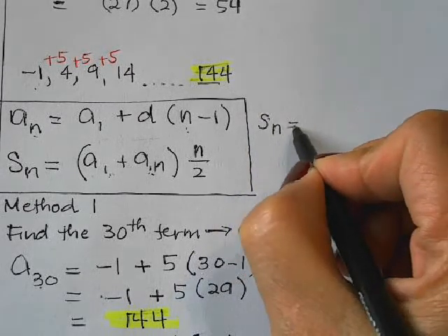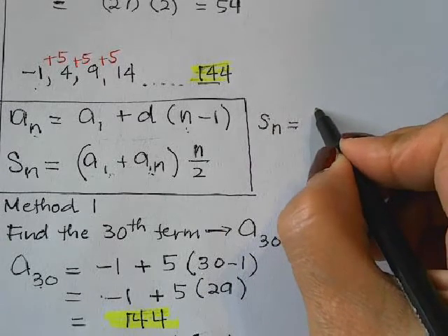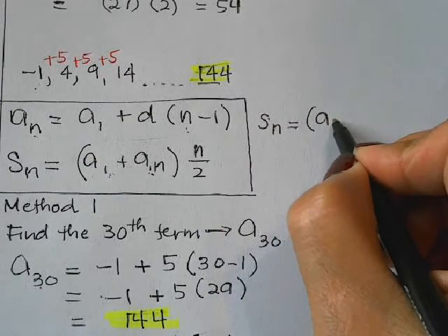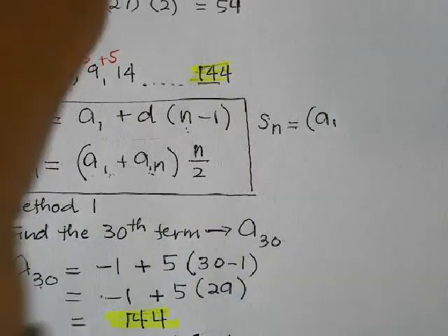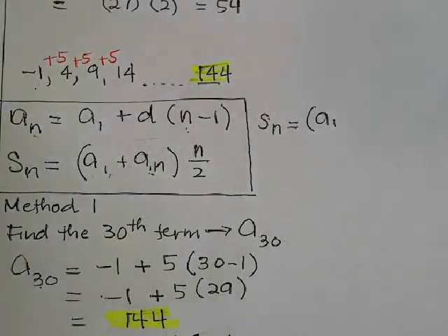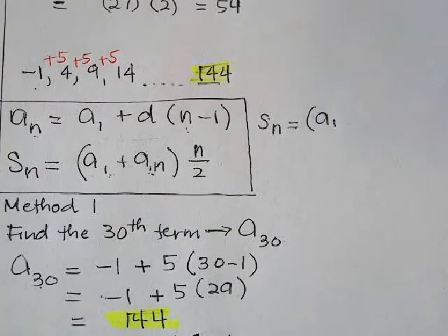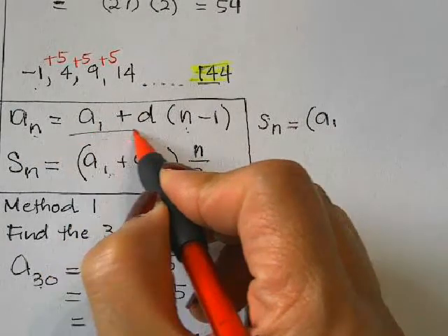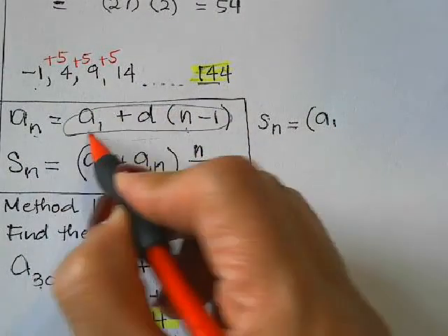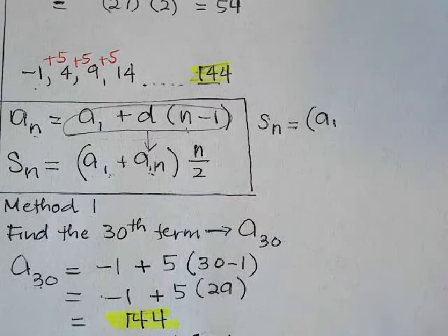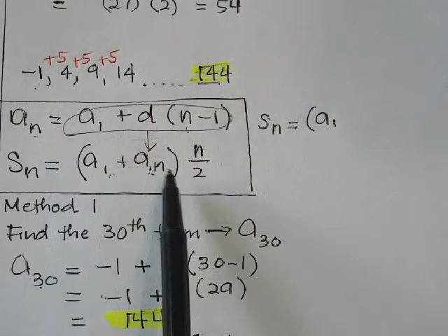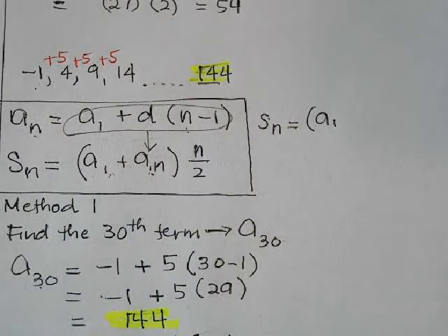So let's try that. S sub n is equal to a sub 1 plus a sub n, but instead of a sub n, I'm going to substitute this expression. Since they are equal, I can write this instead of this.